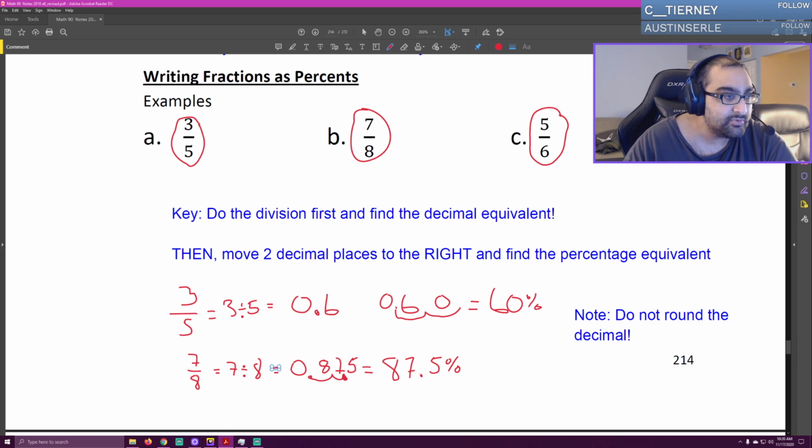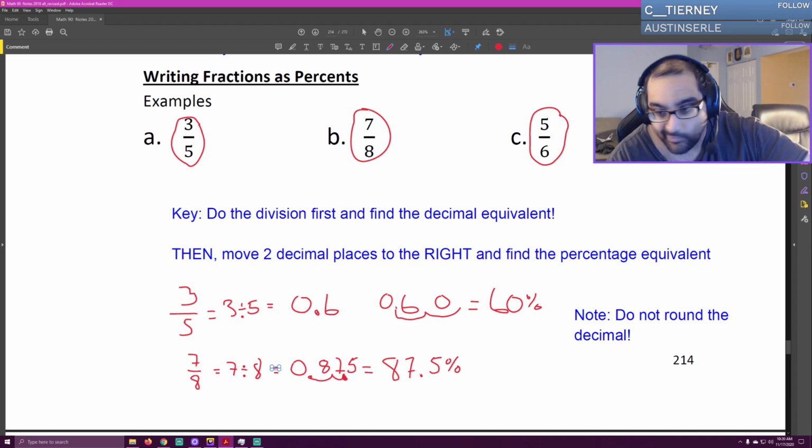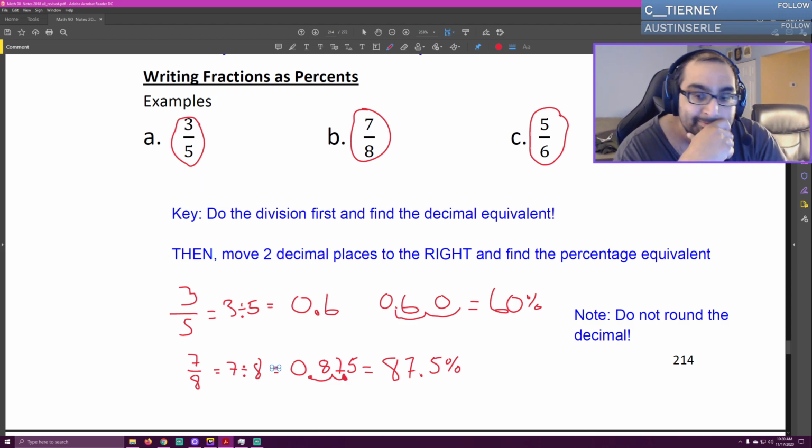So what decimal do we get here for 5/6? What's our decimal equivalent here? It's going to be a pretty long decimal, mind you.